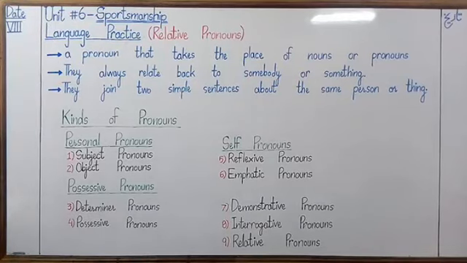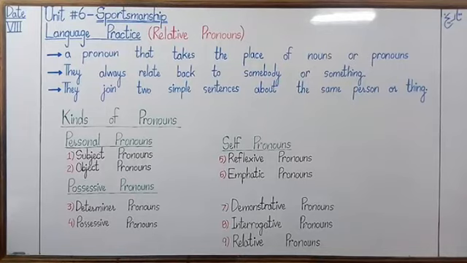Is that clear to you all? रिलेटिव प्रोनाउन क्या है? ऐसा प्रोनाउन जो किसी नाउन या प्रोनाउन की जगह पर आए. नंबर 2, they always relate back to somebody or something, इसीलिए इसका नाम relative pronoun है. ठीक है, ये relate करता है. और तीसरी कैरेक्टरिस्टिक कि ये 2 simple sentences यानी कि 2 clauses को आपस में join करता है और ये दोनों clauses किसी एक ही शख्स या एक ही चीज के बारे में बात कर रहे होते हैं.